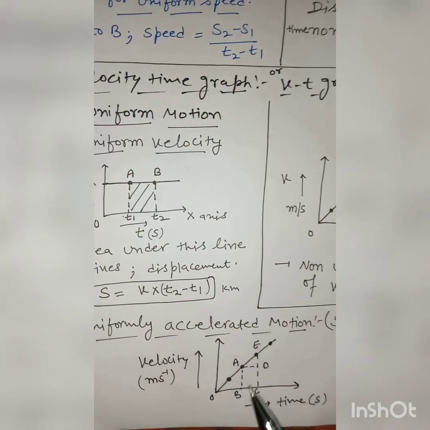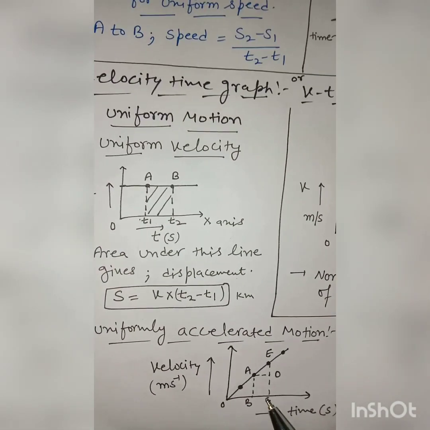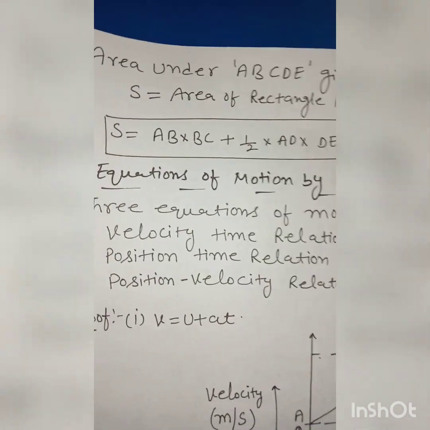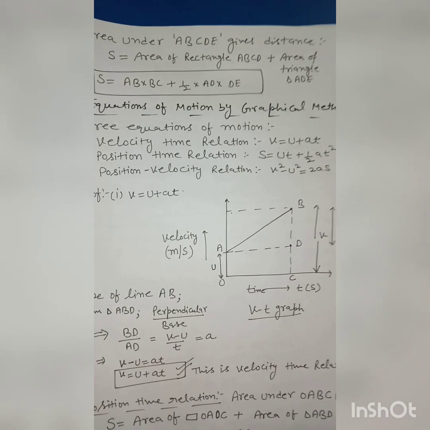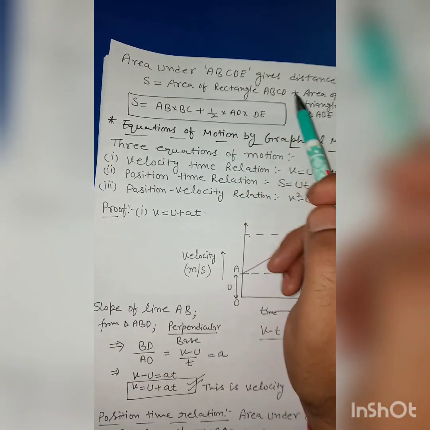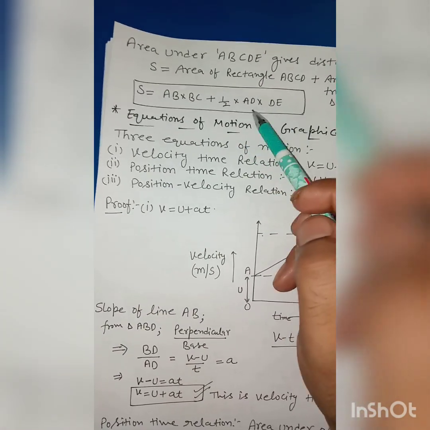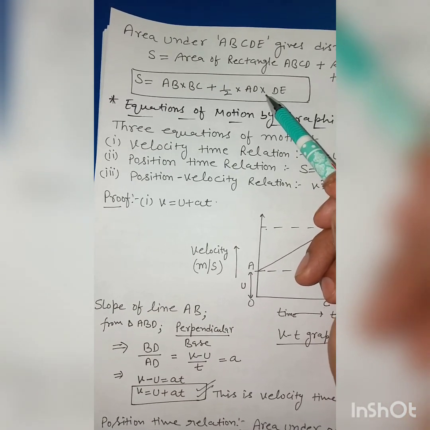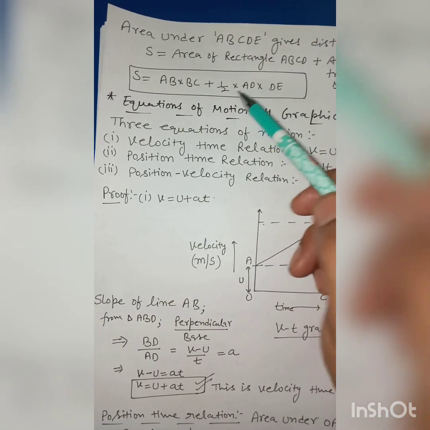This will give the area under these 2 points A and E. S equals area of rectangle plus area of triangle: length into breadth plus half into base into height. This formula gives the distance covered by the body between 2 points A and E.